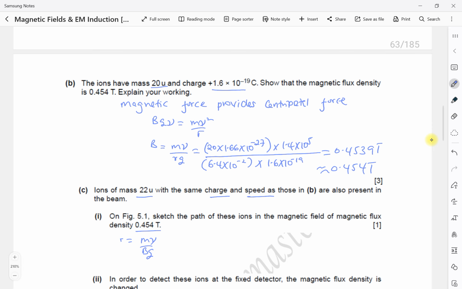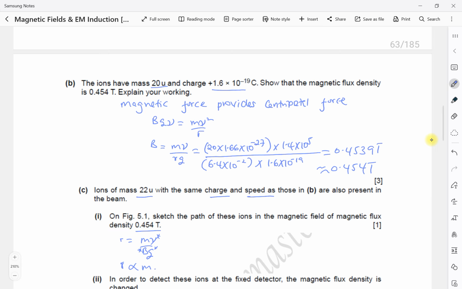It means that R is directly proportional to the mass. Because V is the same, B is the same, they're entering the same field, and Q is the same, R is directly proportional to m.